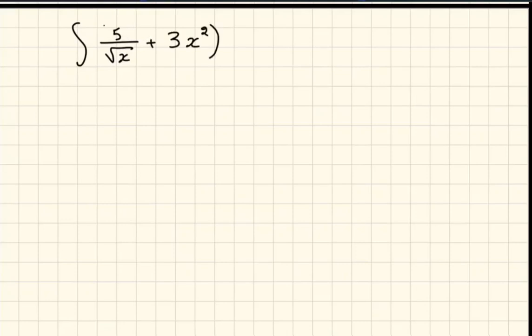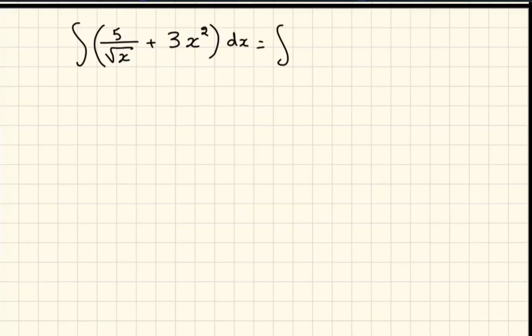Now, let's say you have the following: 5 over radical x plus 3x squared. Now, while I'm copying this, I'll copy it in this way.